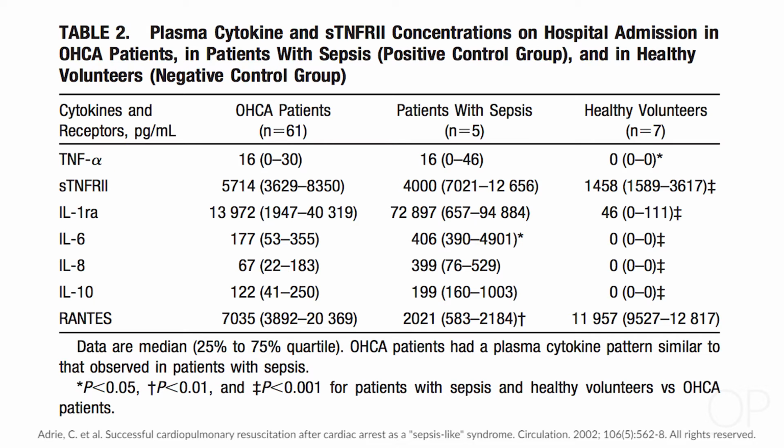What was found in the post-cardiac arrest patients is that their profile of cytokines and inflammatory mediators was very similar to that seen with patients with profound sepsis, which was once again quite different from what is seen in healthy volunteers.